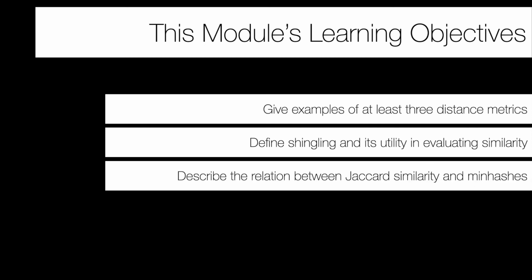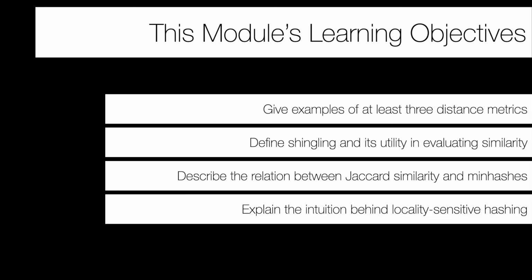You should be able to describe why minhashes provide an estimate for Jaccard similarity. And lastly, you should be able to describe the intuition behind locality-sensitive hashing, namely that by relying on hash collisions, we can identify documents that are more likely to be similar than not.